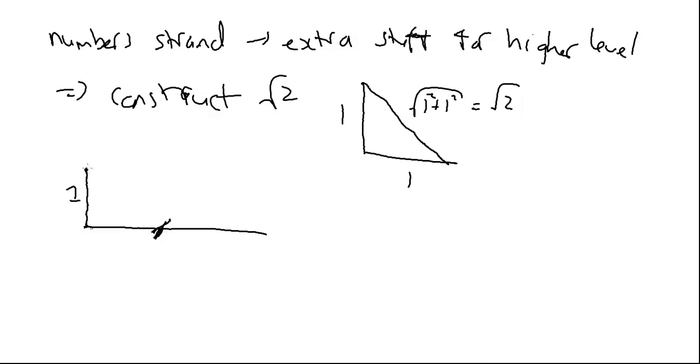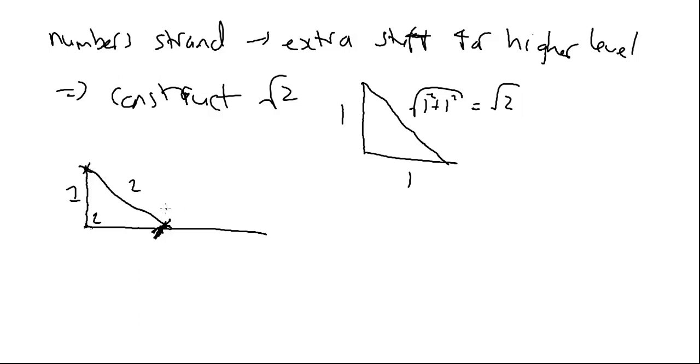Then, with the compass, draw a circle which is 2 units away, and mark out where that intersects that right-angled line. So that point is going to be 2 away from this point.